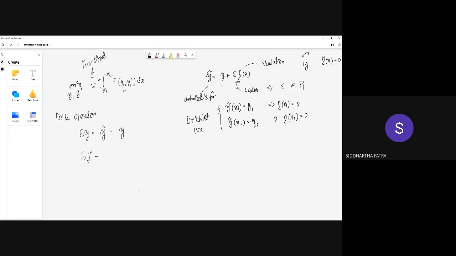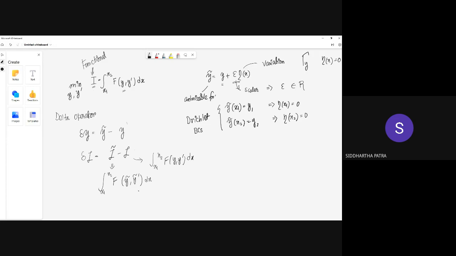So this quantity is also I tilde minus I, where I tilde is essentially the integral from x1 to x2 of f of y tilde, y tilde prime dx, and I, of course, is as it has been defined, the integral from x1 to x2 of f of y, y prime dx.